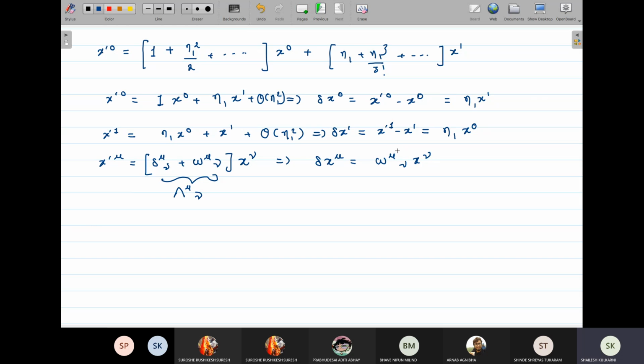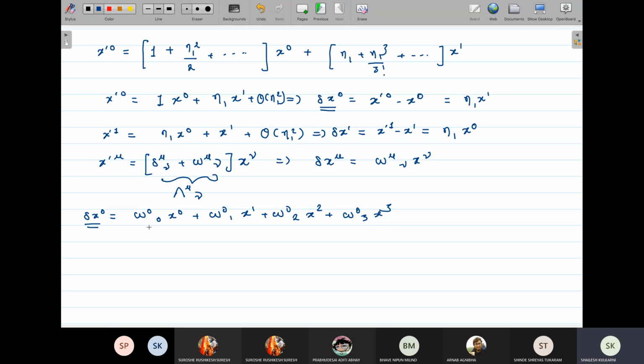Now you can see what delta x0 will be: omega 0 0 x0 plus omega 0 1 x1 plus omega 0 2 x2 plus omega 0 3 x3. Now you compare this with this.